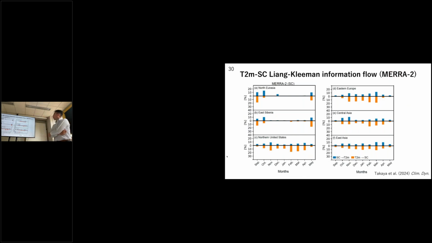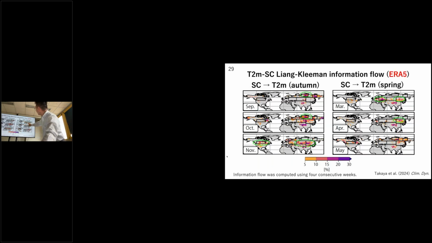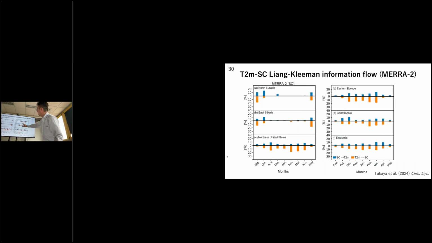Now, I would like to focus on the seasonality from particular cold spot regions. I selected the regions as cold spots. The boxes show the several cold spots, and this is a time series of the seasonal evolution of causality.